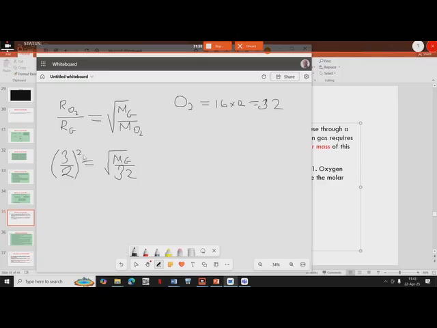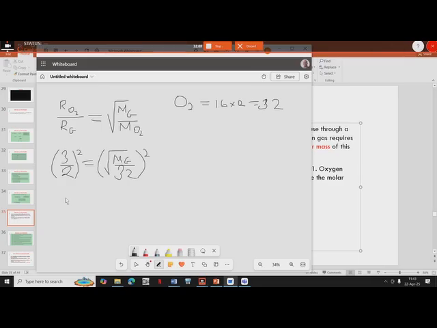So from there again, it is a matter of simple mathematics. You can remove the square root by squaring both sides. You square both sides, not one side. So that will mean I have 3 divided by 2, which is 1.5.